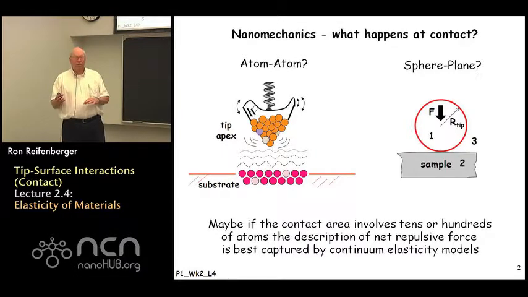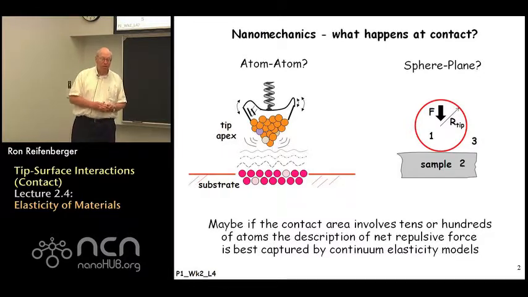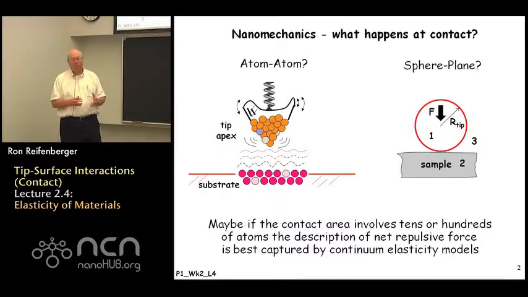On the other hand, you can treat the tip and the substrate relying on bulk approximations. Here you treat the substrate as a flat slab of material. You'll treat the tip as a spherical object of radius r sub tip. You'll apply a force to the tip and you'll ask, what are the interaction forces between this perfectly round tip and this perfectly flat substrate?